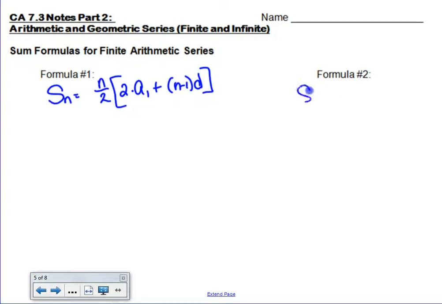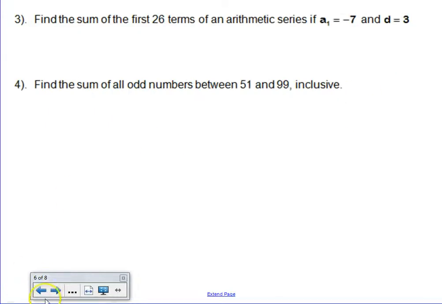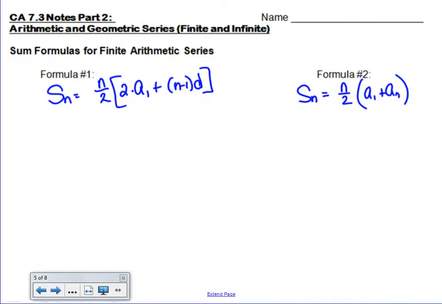A different formula that will arrive at the same sort of answer you can use if you know other things, for instance, if you know the first and last number. And this is actually a very famous formula. I forget which mathematician, but some smarty pants way back in the day was harassing his math teacher, and his math teacher needed to give him a really difficult problem in like the 3rd grade, and told him to add up all the numbers 1 to 100.